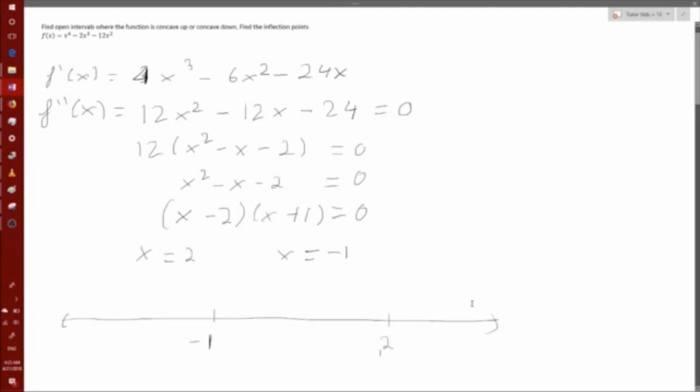So let's pick negative 2 as our test point. Let's pick 0 as the point between the two inflection points. And let's pick 3 as the point to the right of our second inflection point.